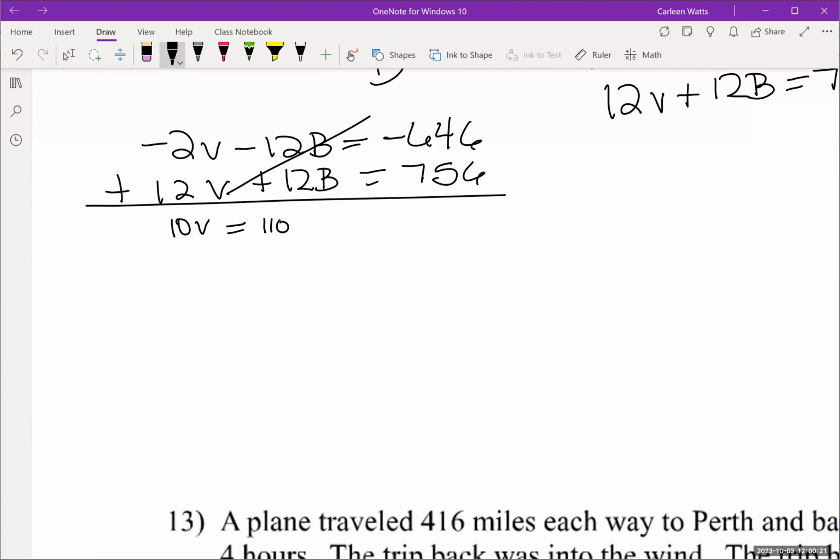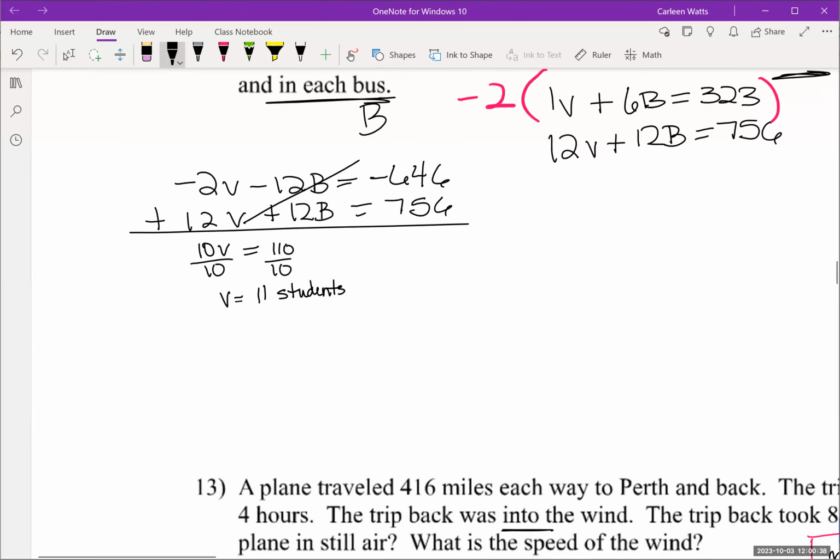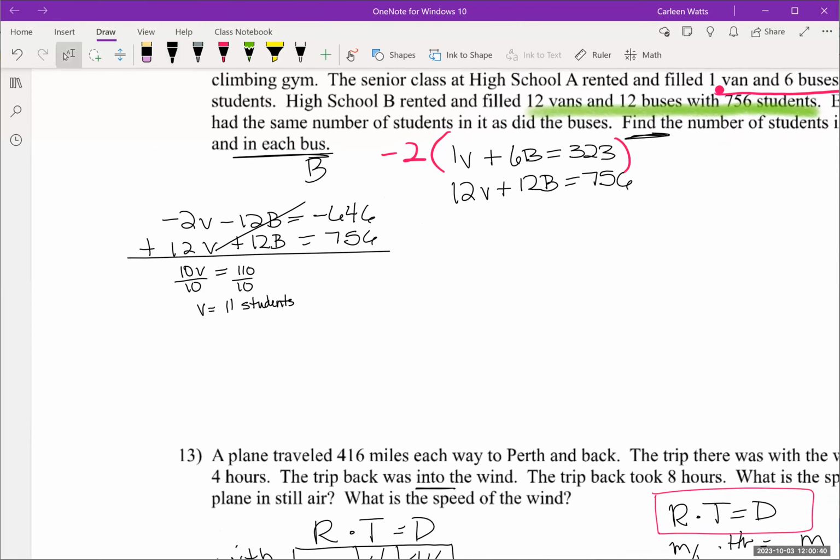Divide by 10. V is equal to 11. There are 11 students in the van that's filled. Okay, I can pick whatever equation I want.